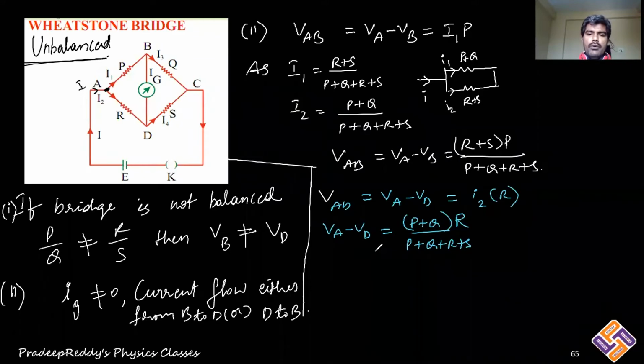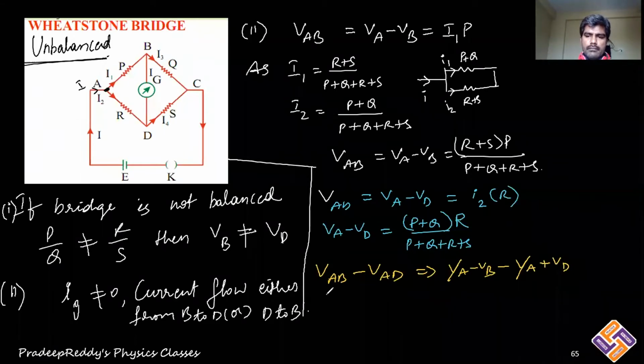Okay. I want to now find out whether B is greater or D is greater. So what I do, simply I'll use VAB minus VAD. What is VAB? It is VA minus VB. Next, minus VA plus VD. This and this get cancelled. What is left over here?